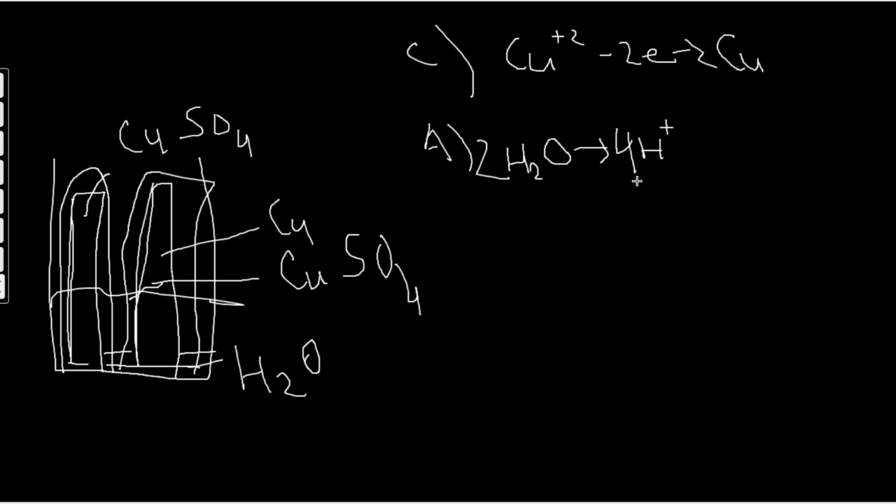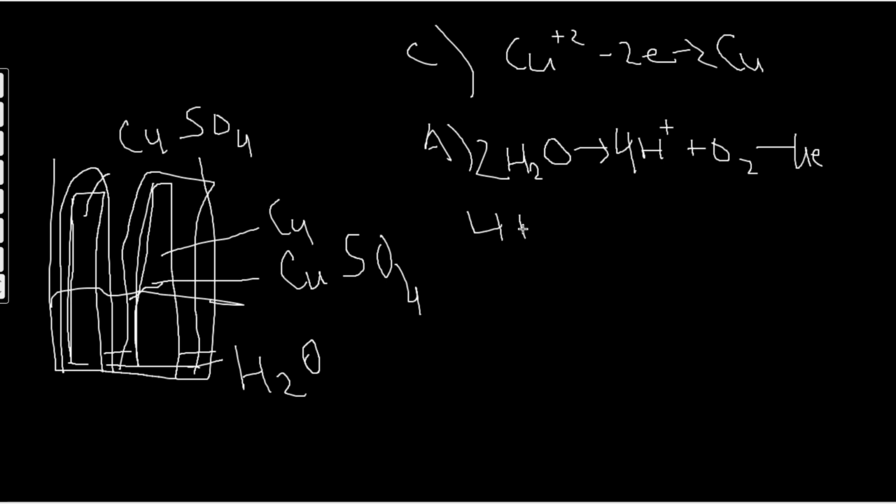So our water electrolyte splits into 4 hydrogen ions plus oxygen gas and obviously 4 electrons. But for the first reaction to get to this state, there are 2 reactions that take place at the anode that sort of form a repeating loop until all the water is drained out.